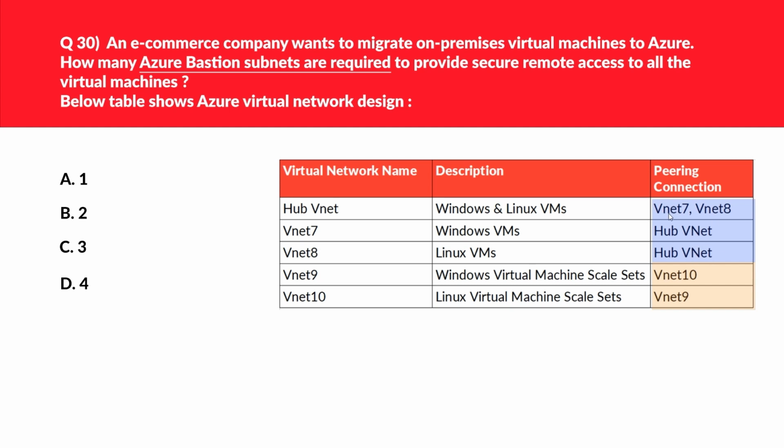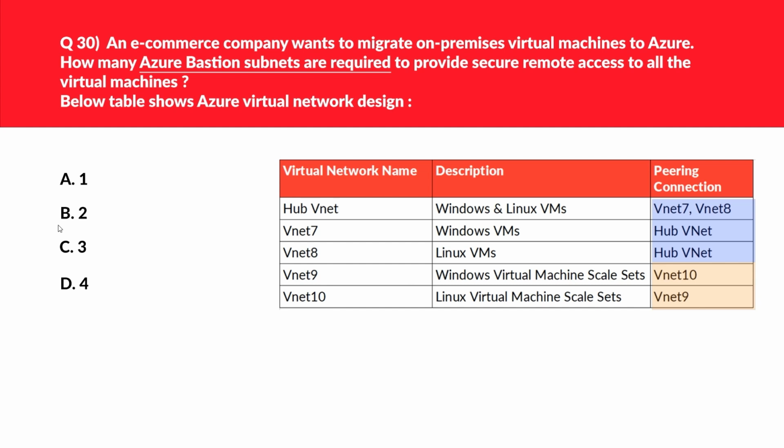We need one because, if you look, these are paired, as marked in blue by me. And we need another Azure Bastion subnet for VNet 9 and VNet 10, since these both are paired. So in total it comes down to one for the blue one and one for the yellow one, so 1 plus 1, that is 2.